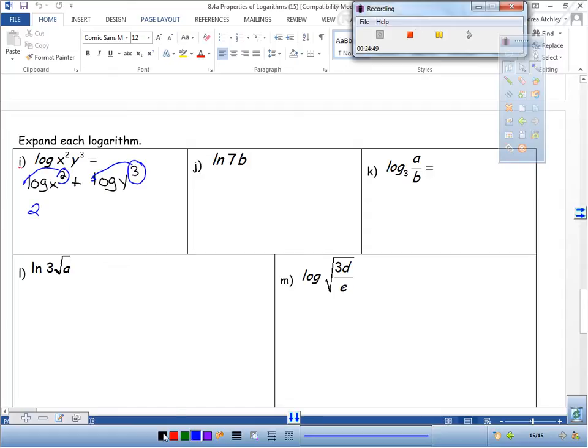So it's going to be 2 times the log of x plus 3 times the log of y. Any questions over that? Okay, do J on your own.